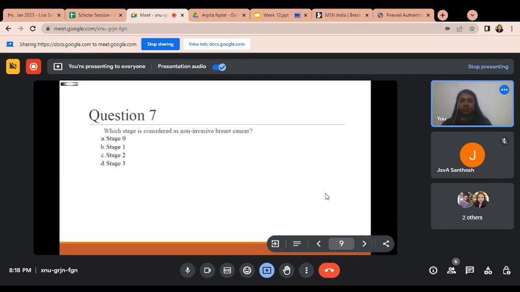Next question is which stage is considered as non-invasive breast cancer? First option is stage 0, then stage 1, stage 2 or stage 3.